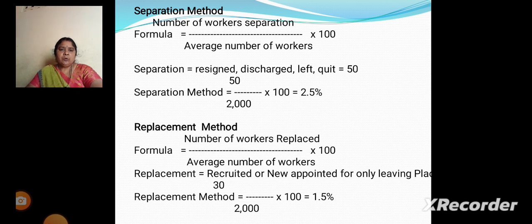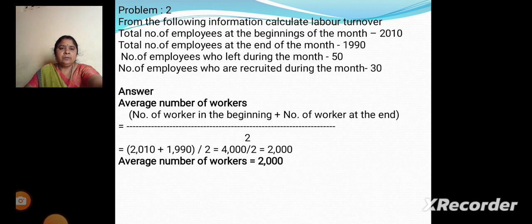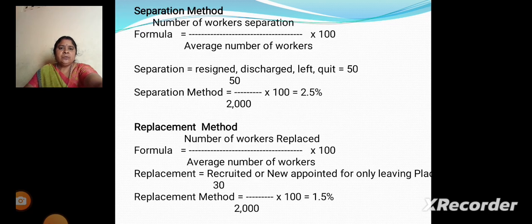In this problem only left the job is given, 50, so we write separation equal to 50. Then we write the formula: separation 50 divided by 2000 into 100 equal to 2.5. 2000 means the average number of workers, which we already calculated.